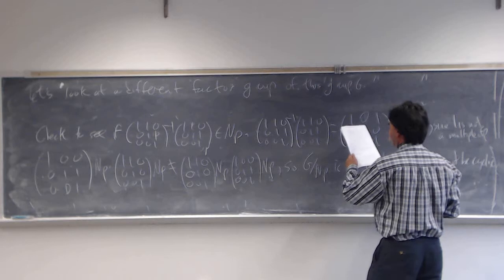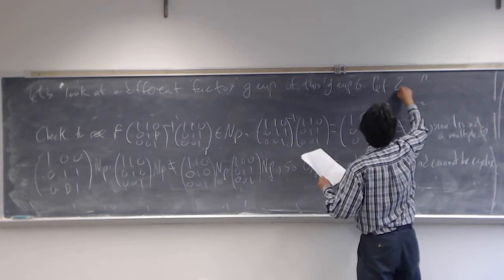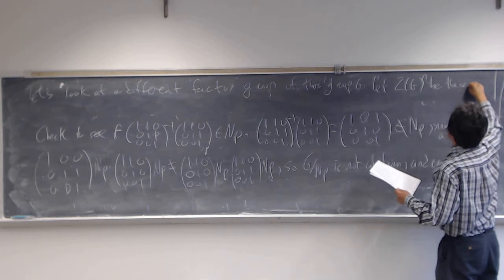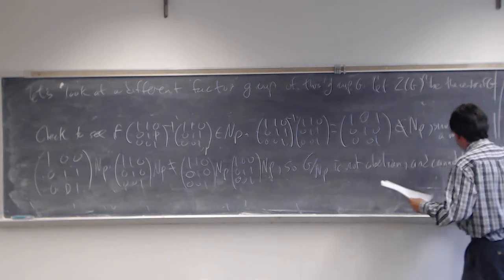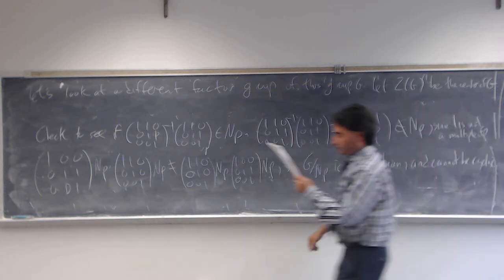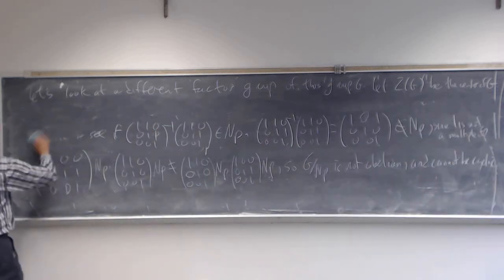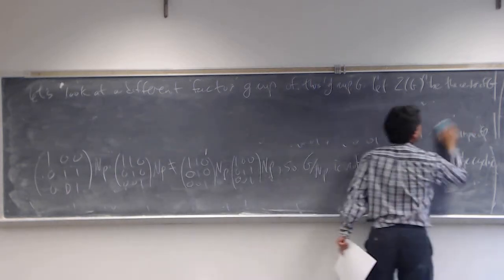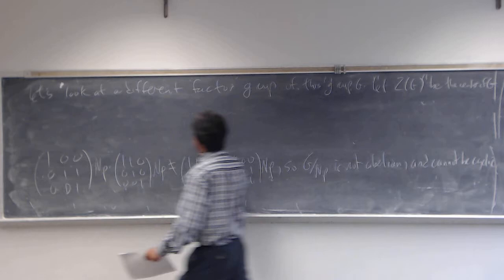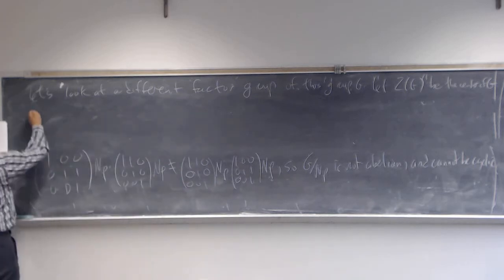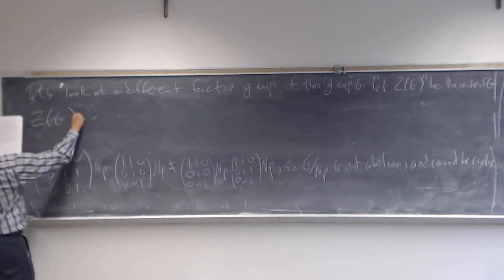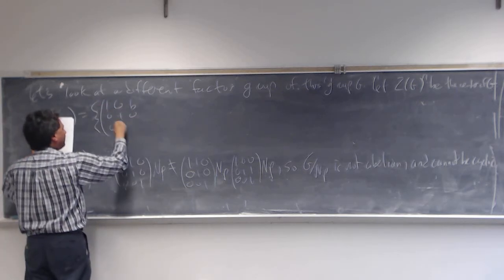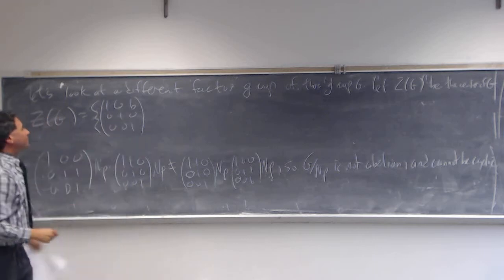So now we want to take our same set. Let, again, Z of G be the center. And so I claim what is Z of G, it's just going to be all elements of this form.